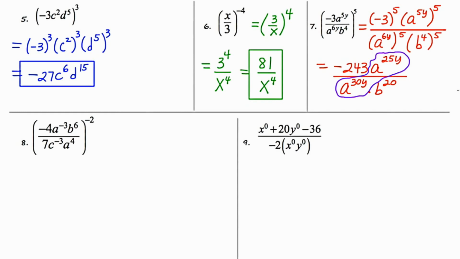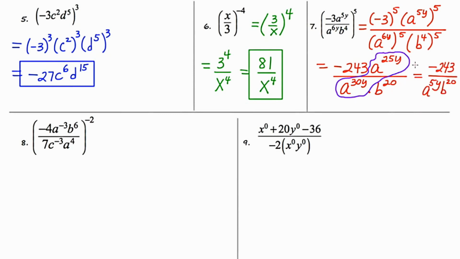Now you have a choice of bringing the 30y up and making it a to the negative 5y, or you could bring the 25y down and make it a to the positive 5y in the denominator. Since we're trying to end up with just positive exponents, I think I'm going to do my second choice. And I'm going to bring a to the 25y down and join it with the a to the 30y.